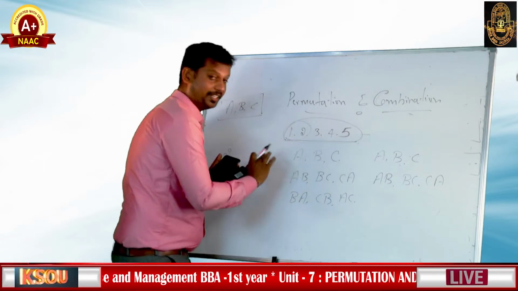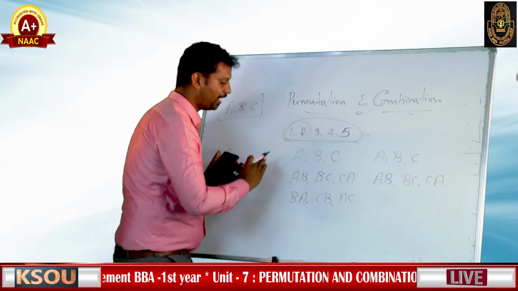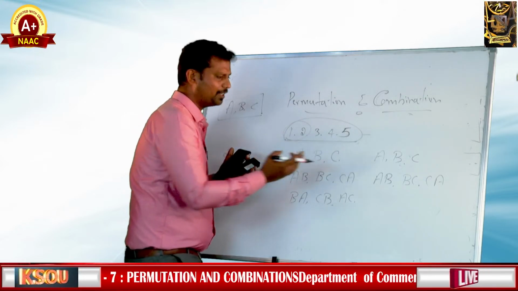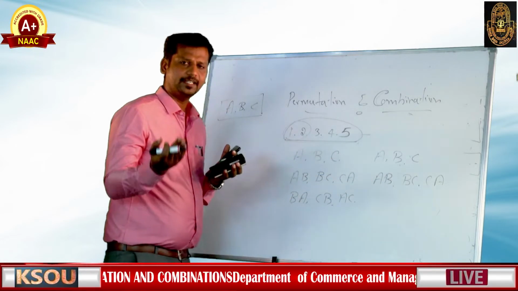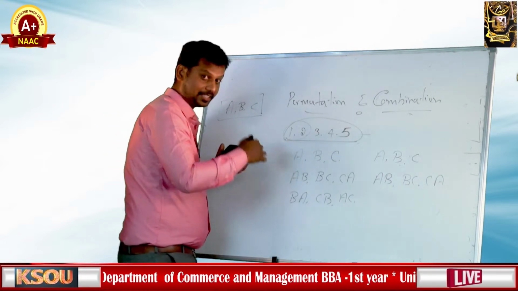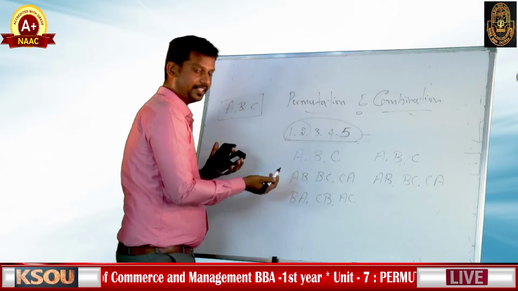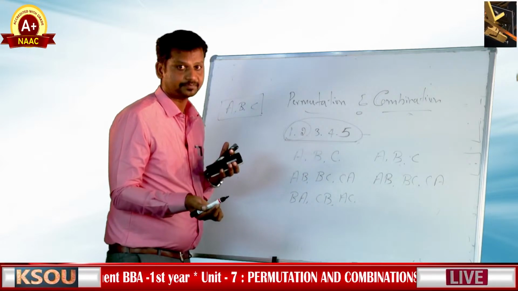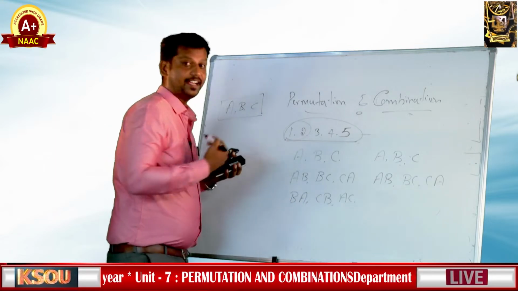So we can arrange first A, B, or B, A. This is a different arrangement, but the selection will be the same. Clear? In a permutation, we can arrange A first, B second, or B first, A second. This is called arrangement.